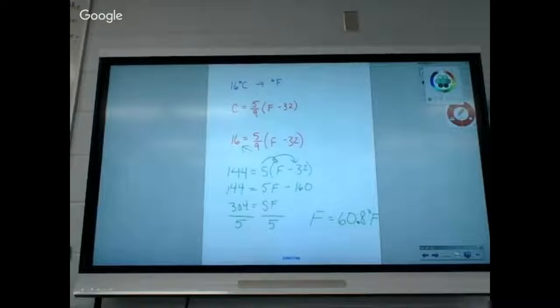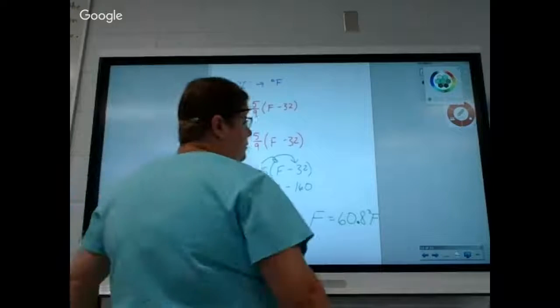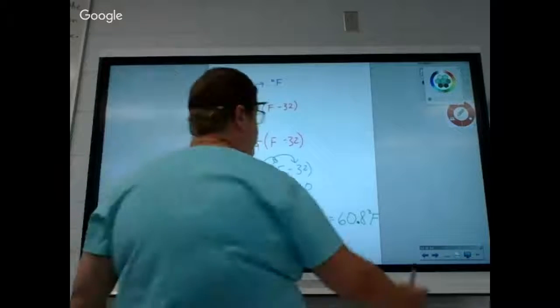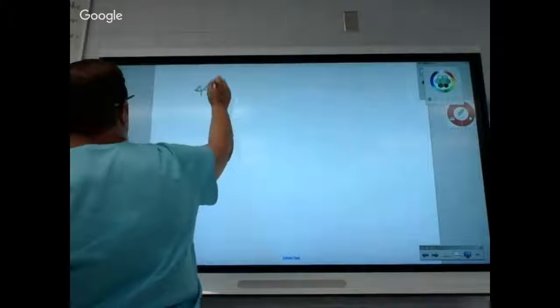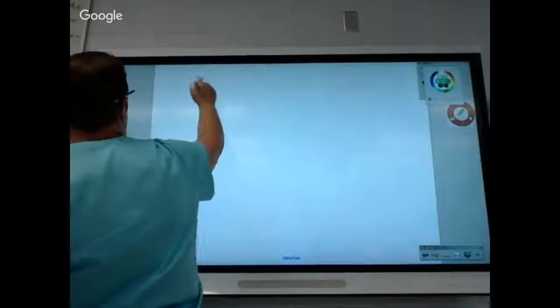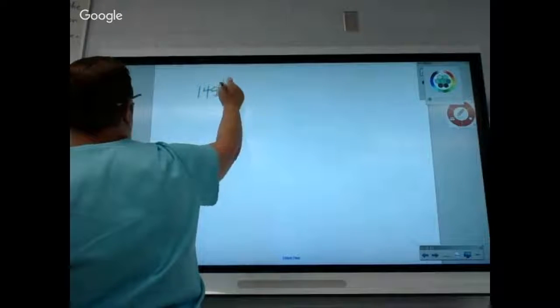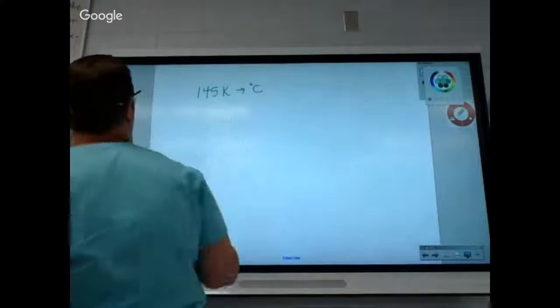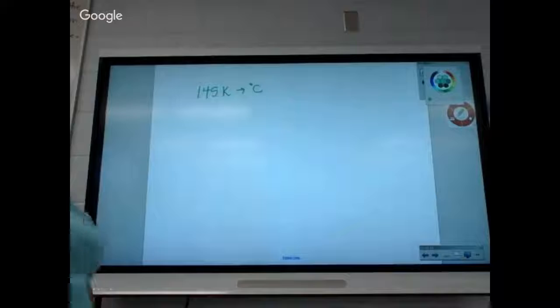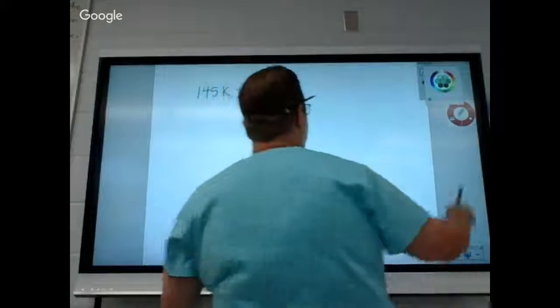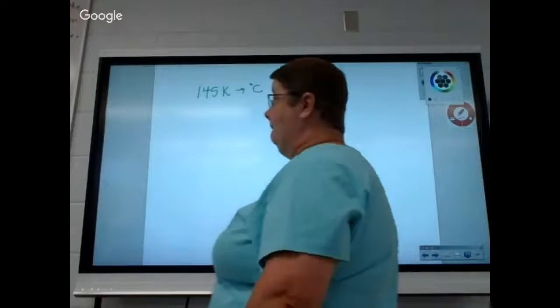Now, suppose I had 145 Kelvin, and I wanted you to change it to degrees Celsius. Everybody okay with what formula to use for that? What formula would I use for that one?